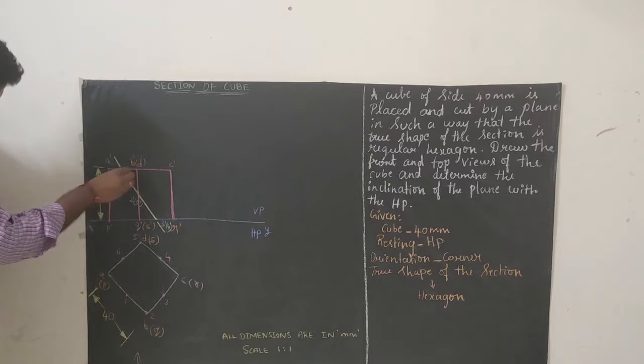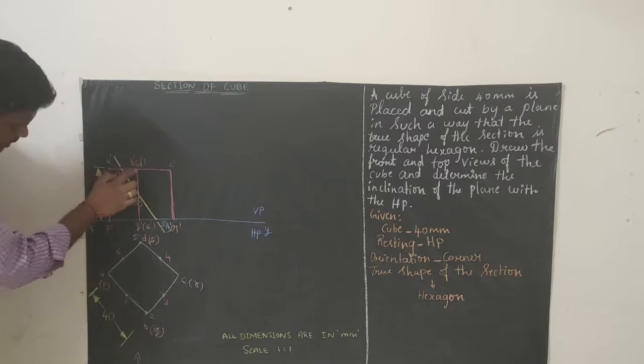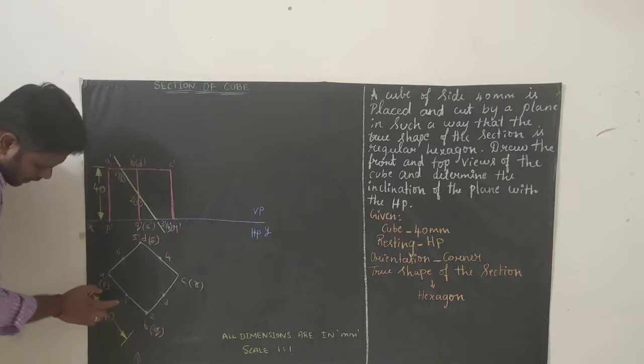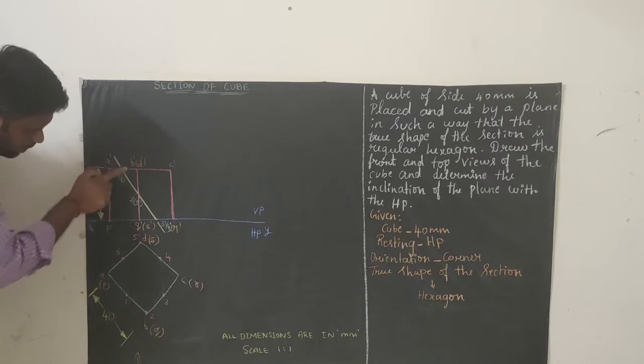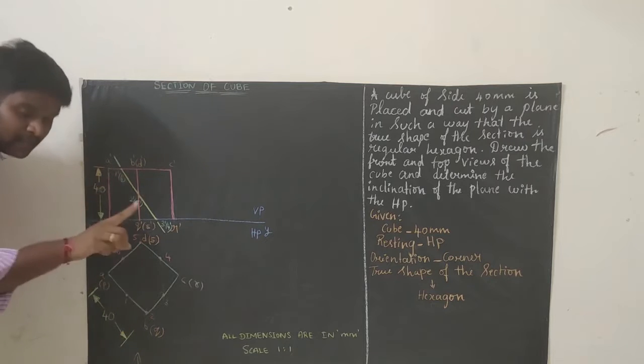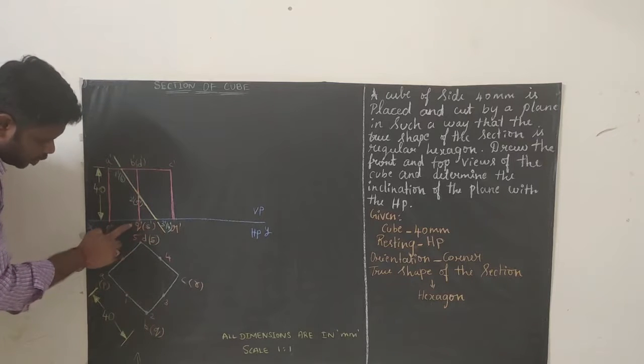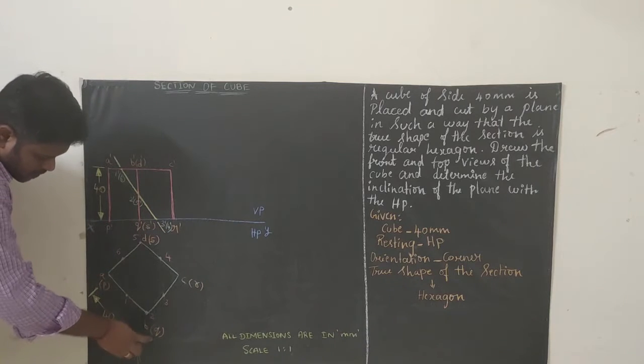So extend this cutting point downwards vertically, so between A and B you will be getting 1. 2 dash is between B and Q, means at BQ we are meeting at a single point only. So this is the point number 2. 3 dash is between Q dash and R dash, Q and R.